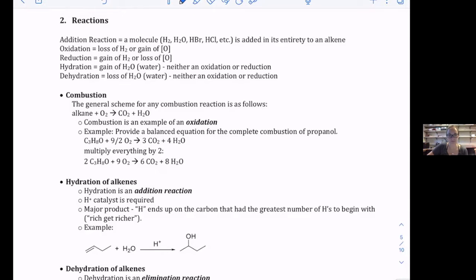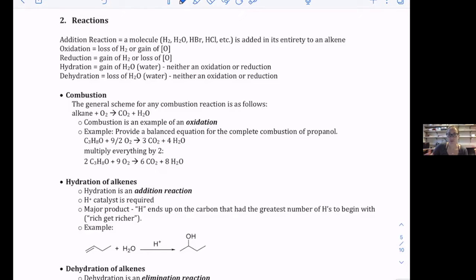And then in chapter 12, we learned about oxidation, which is the loss of hydrogen or the gaining of carbon-oxygen bonds. Gain of oxidation state is what that symbol means. Reduction, which is the opposite of oxidation, where you gain hydrogen across a carbonyl, for example, and you lose some of your carbon-oxygen bonds.